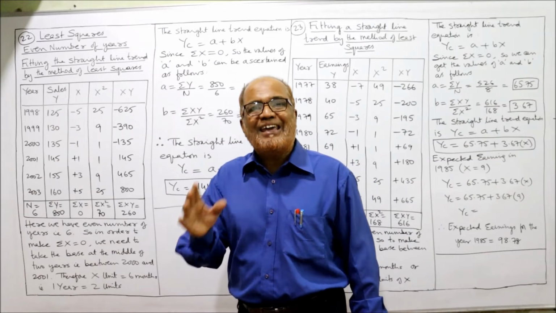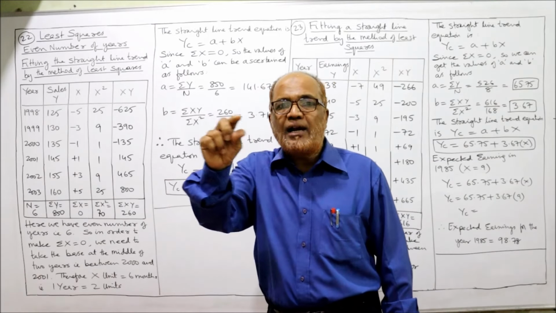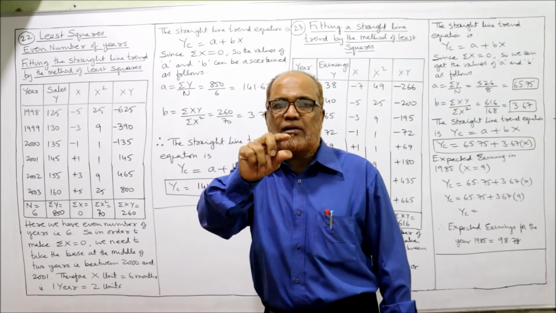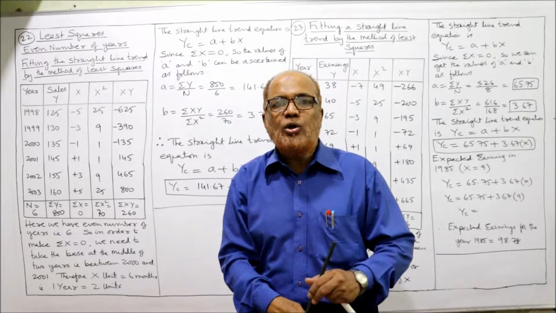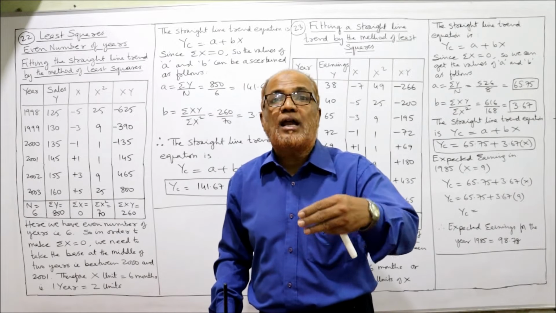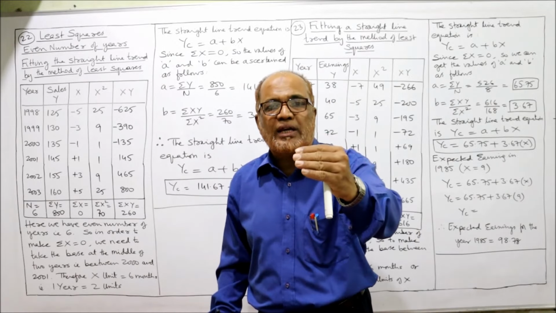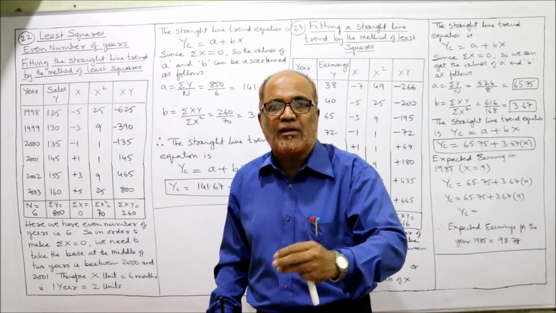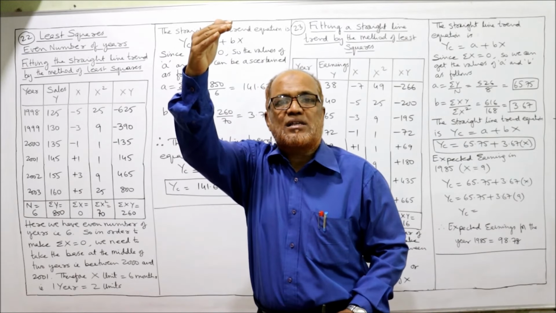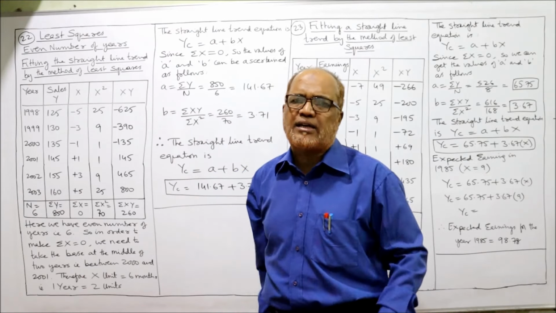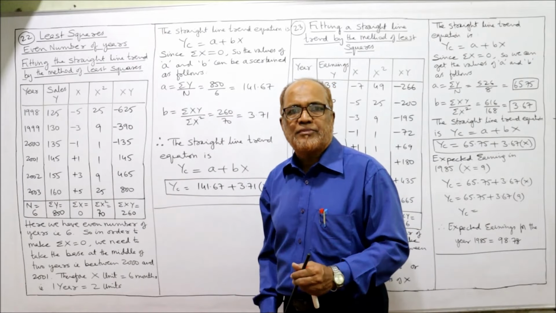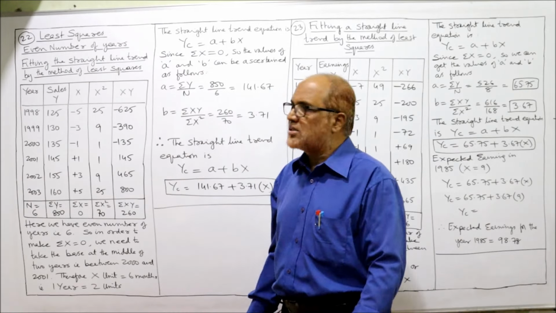But in this problem, an even number of years, so you take the middle 2 years and write minus 1 and plus 1. Now you go on increasing by double, that means from 1 to 3, 3 to 5, 5 to 7. Backward, minus 1 to minus 3, minus 3 to minus 5, minus 5 to minus 7. That's it, and nothing else. The remaining procedure is the same.